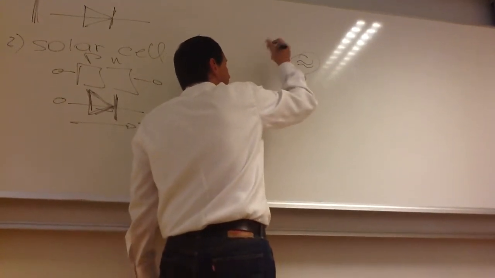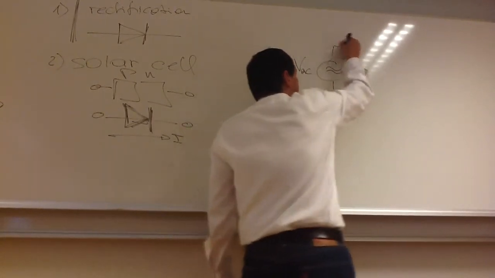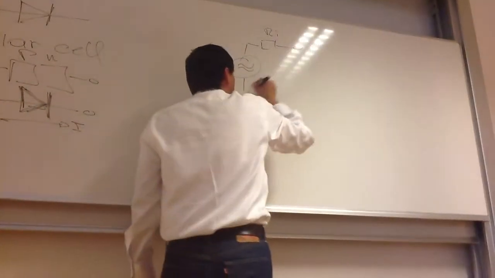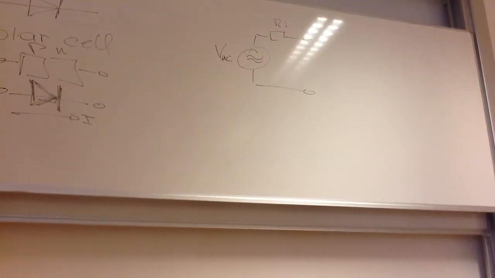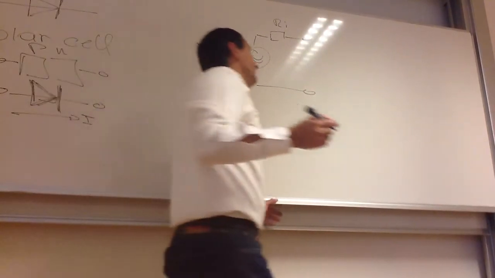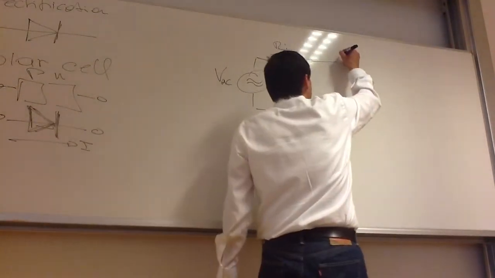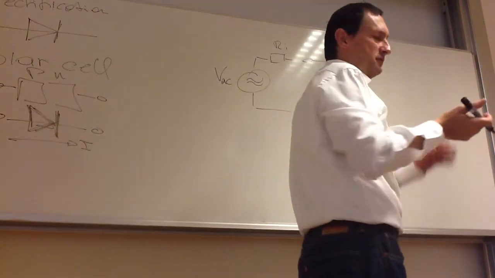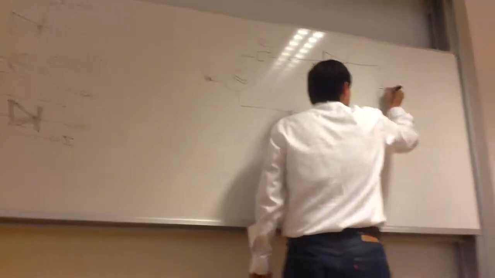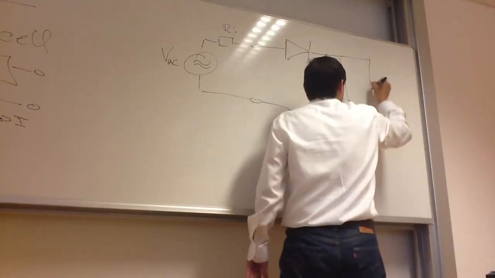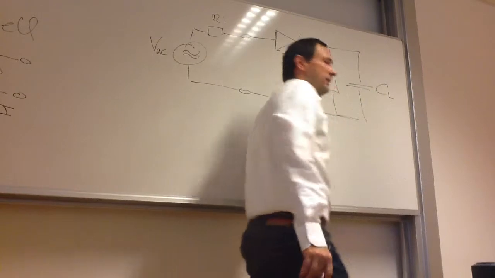It generates some AC voltage. We have our internal resistance, because every source, like we knew from the last time, has an internal resistance. And if we would like to transform this to a DC voltage, then there are different kinds of circuits, but the simplest of all is just to put a diode here and a resistor and maybe a capacitor, our load resistance and capacitor.